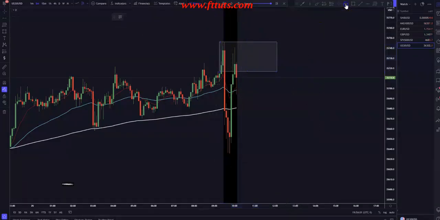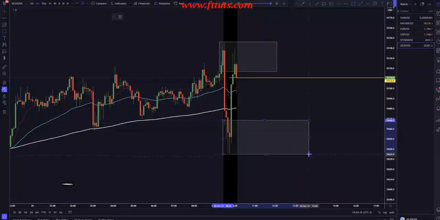So you know what, I'm going to actually take the setup right here, and we're going to aim to fill this gap. That's what we're going to do. We're going to aim to fill this gap in right here. And honestly, now that I'm looking at it, this is also demand.